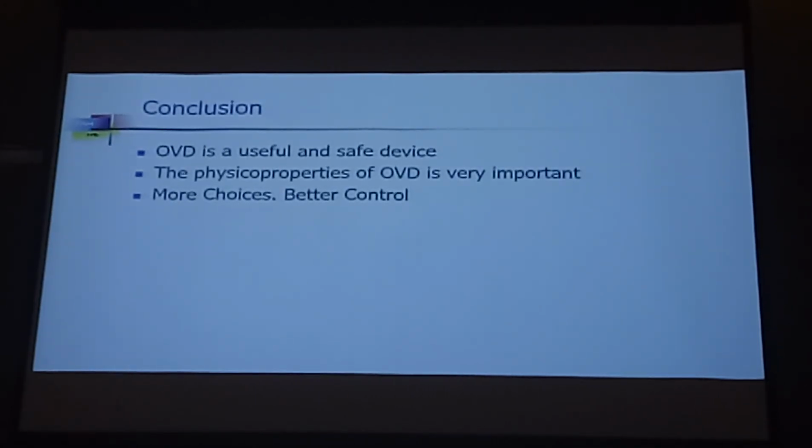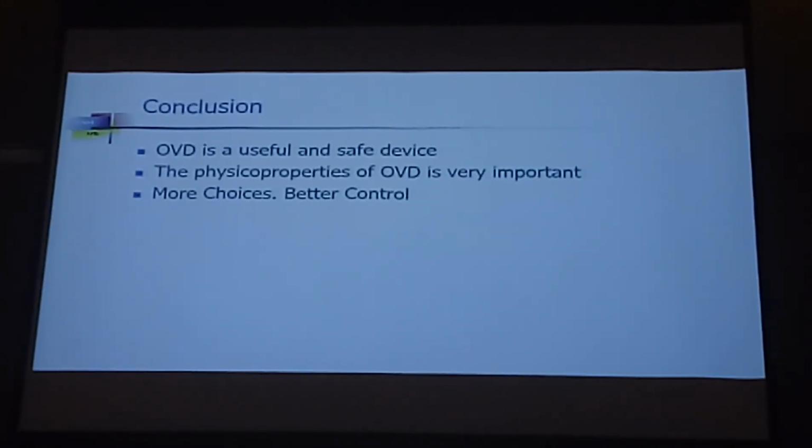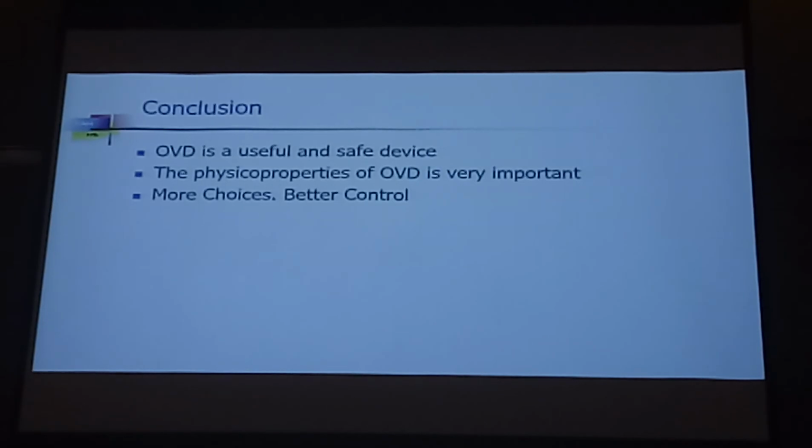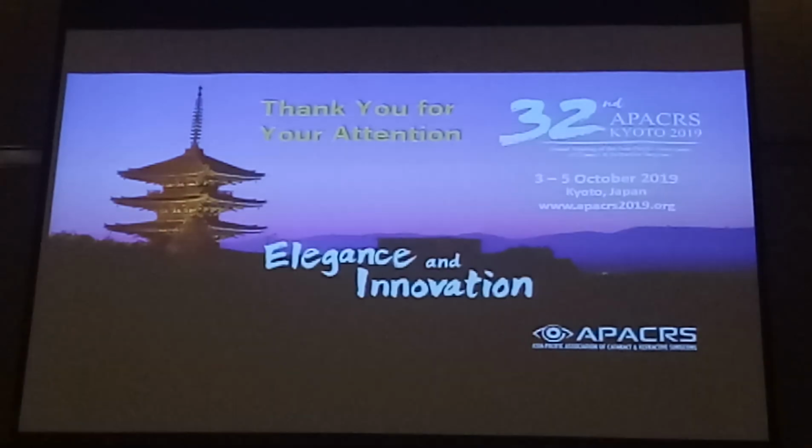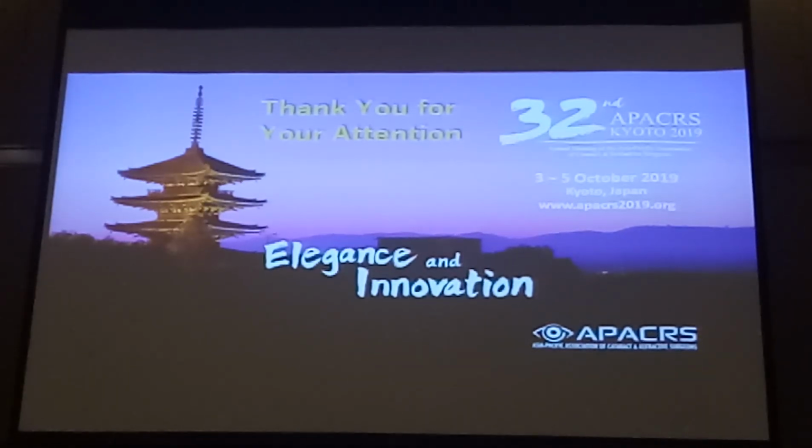The physical properties are important. You need to know at least the one you use, not everything. More choices is better, especially if you do different kinds of anterior segment surgery, it gives you better control. This is like an extra pair of hands for the surgeon, especially if you don't have an assistant. With that, thank you very much.